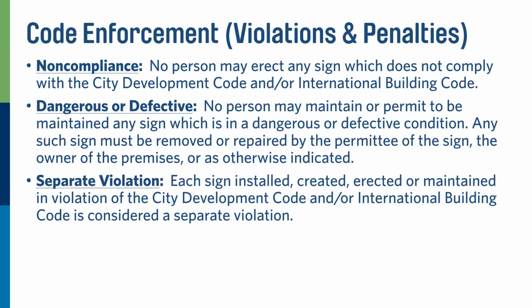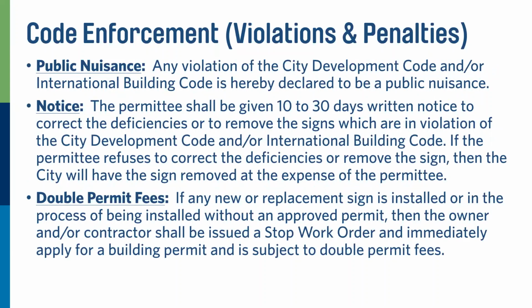Each sign that's installed, created, erected, or maintained in violation is a separate violation. All right. So each problem is a separate violation. So if you have 10 signs, that's 10 violations. Public nuisance is just that. Anything that doesn't meet this criteria, or if it's an old sign or a damaged sign or something like that, it's considered a nuisance and it has to be repaired or replaced at the owner's expense.